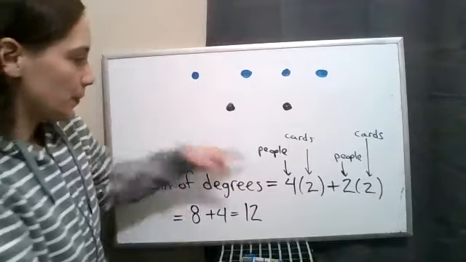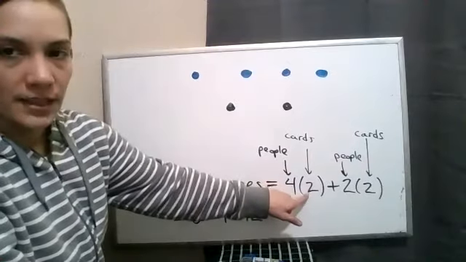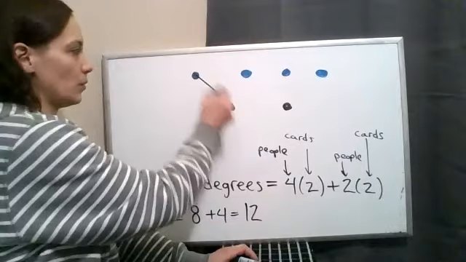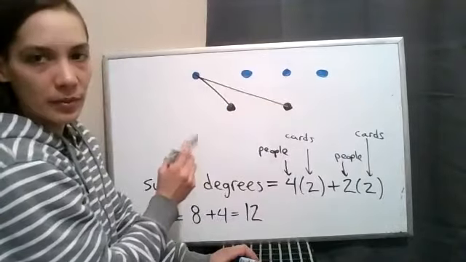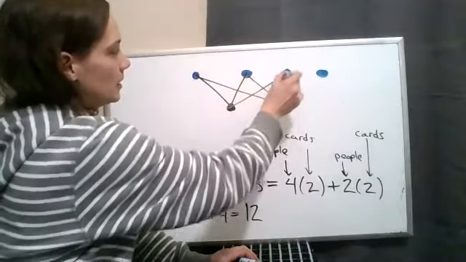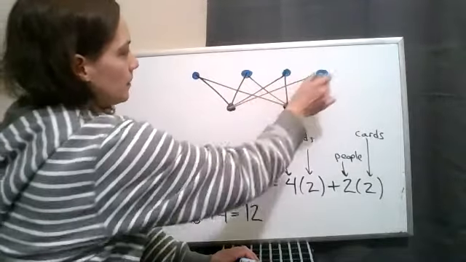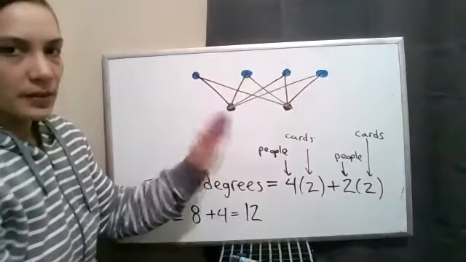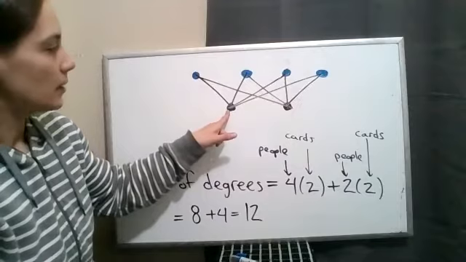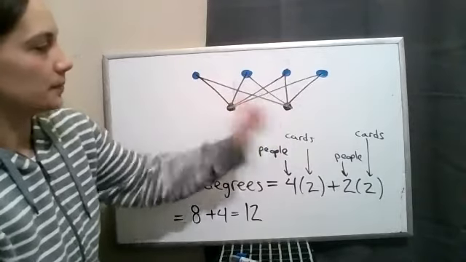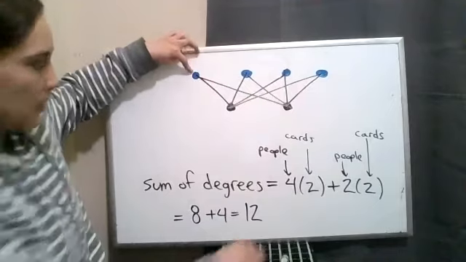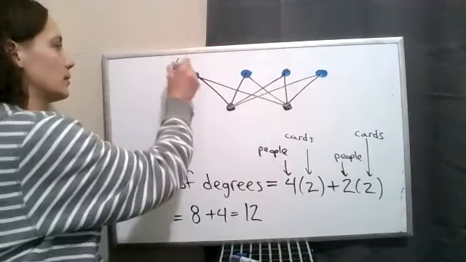Okay, so for those 4 people who get 2 cards each, we're going to go like this. Meet with those 2 people on the bottom. Same for that person, and that person, and that person. And it just so happens by doing that, those people down here met with 4 people each. So we've got 2 cards for degree 2.